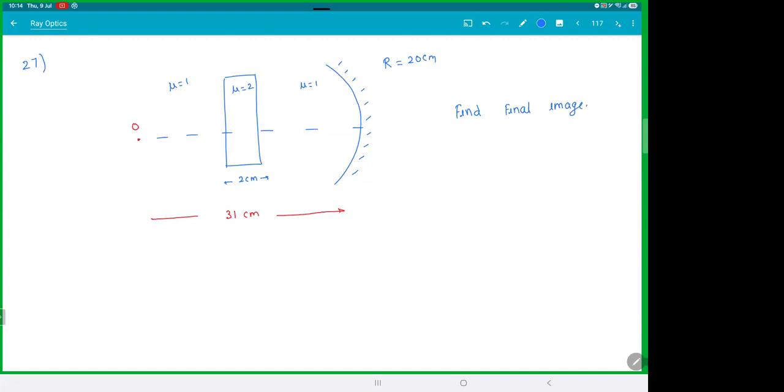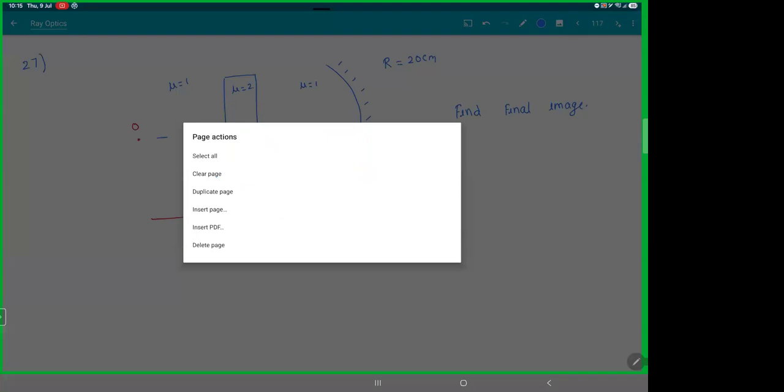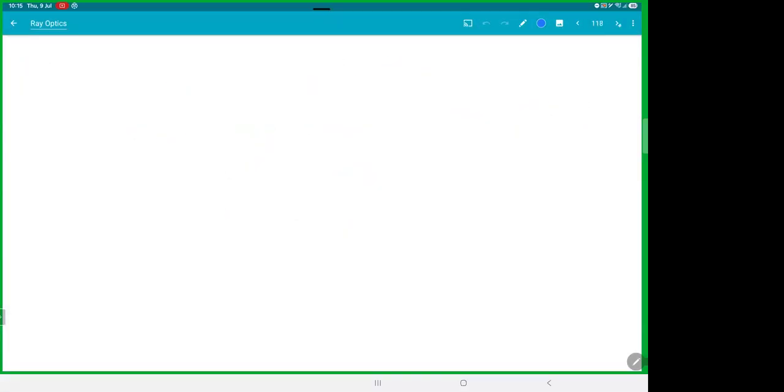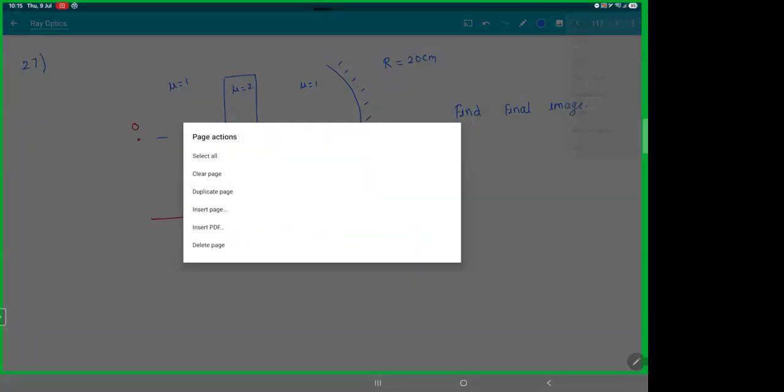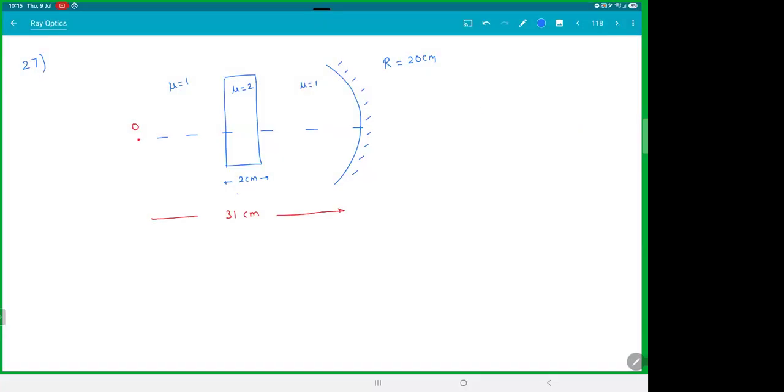Let's see. Okay. Let's do one at a time. So first thing, what will be the shift? If you ask the slab, T into 1 minus mu medium by mu slab.